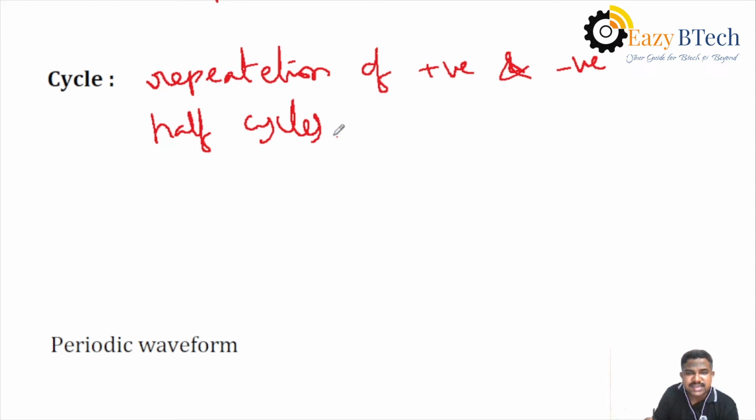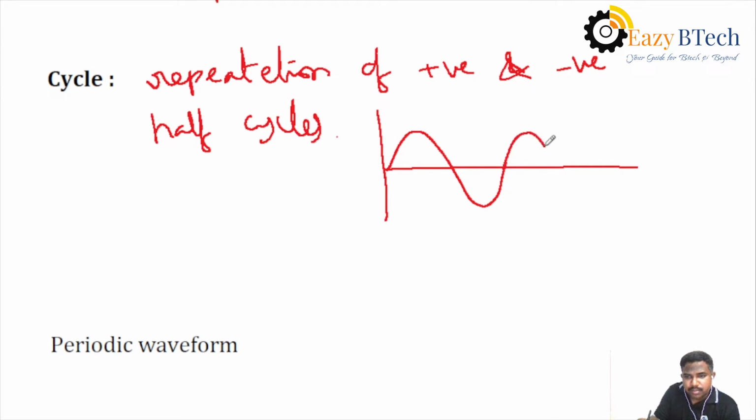That is called the cycle. For example, here I am drawing one waveform. This is one cycle, positive, negative. Again positive and negative, this is another cycle. This is called cycle 1, and from here is cycle 2. In this example, the number of cycles is equal to 2.